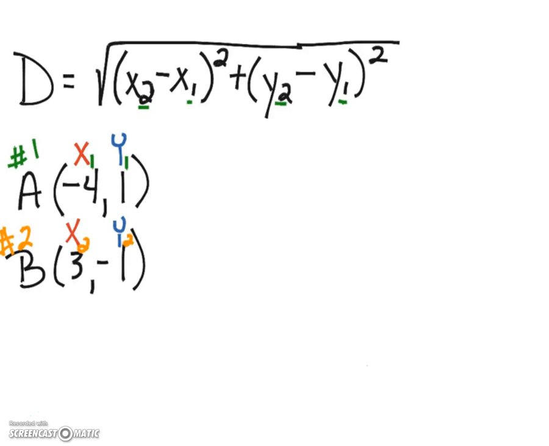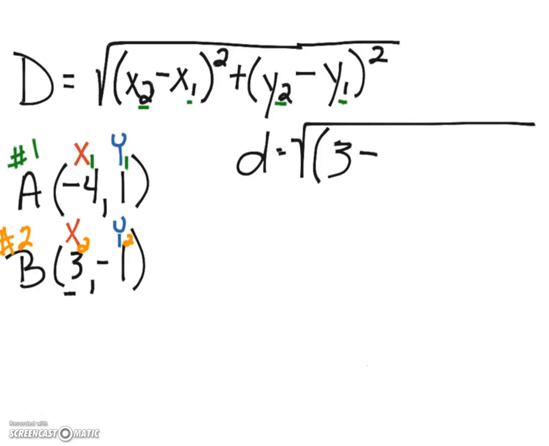So, we're starting off, we have distance equals the square root, and we have to do x2. So we come over here and we see, okay, 3 is x2 minus negative 4 is x1, and that's squared. Okay.